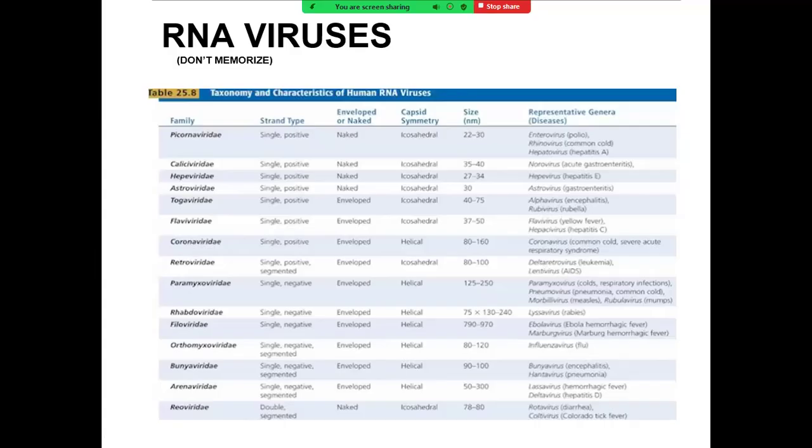Retroviridae, we'll talk about this virus. Paramyxoviridae, I should talk about this one, but we won't. It causes very common childhood illnesses like mumps, measles. We won't talk about these.